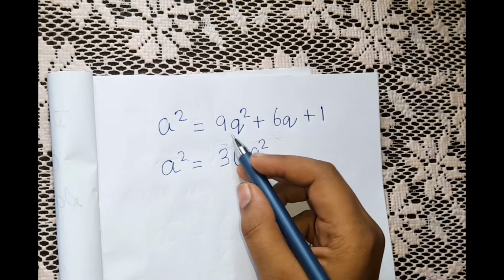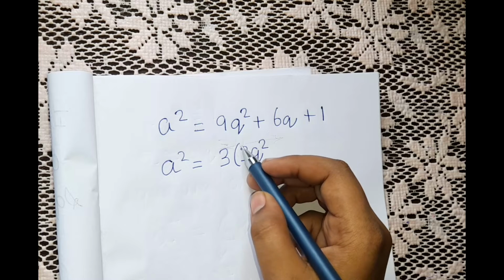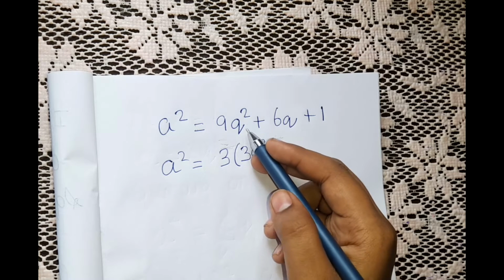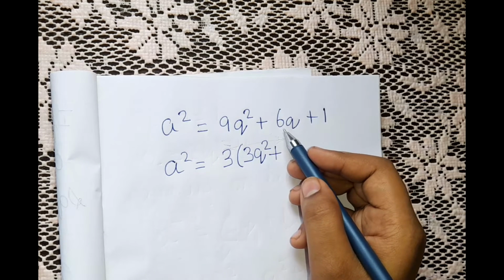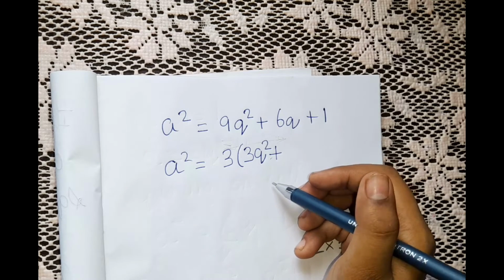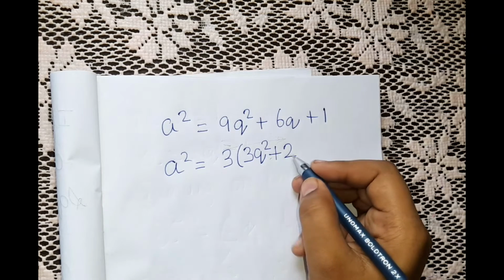So instead of 9, I wrote 3 into 3, which is 9. Instead of writing it in the full form, I wrote 3 into 3, q square as it is, and the plus as it is. And instead of writing 6, I am going to write 2, because 3 2s are 6.